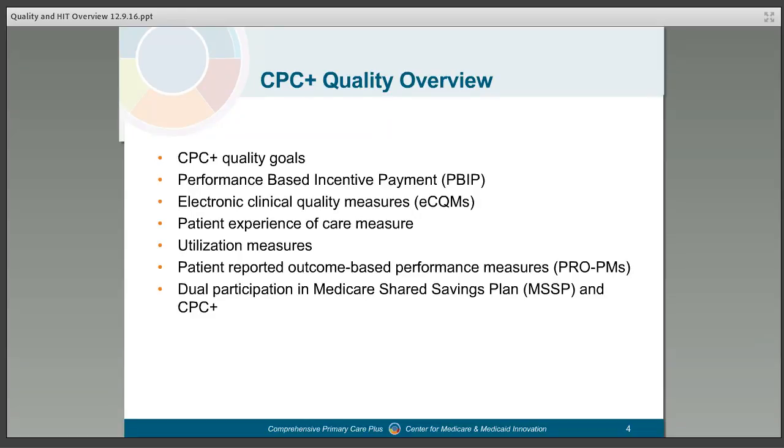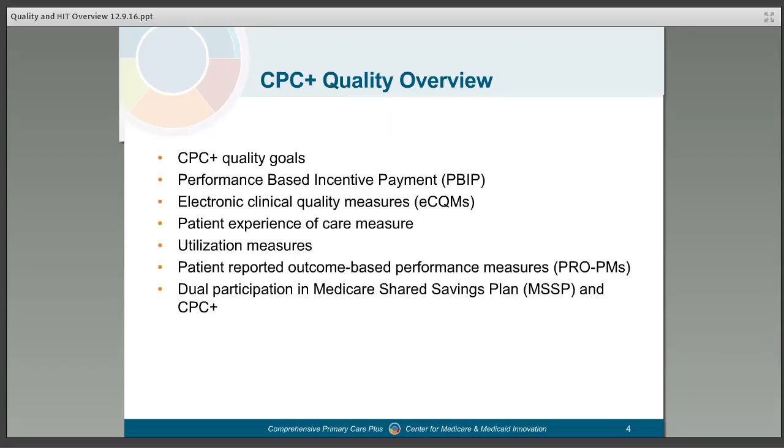Okay, for the quality portion of this presentation, we're going to start off by talking about the CPC Plus Quality Goals, and then we're going to spend a little time talking about the performance-based incentive payment that results from performing well on the various measures of quality that we have.